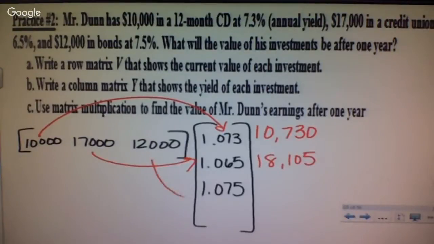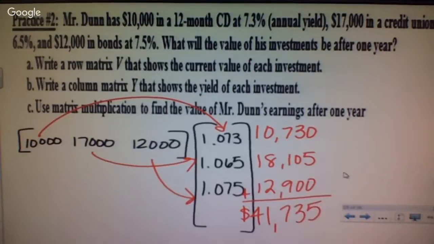And I need to multiply 12,000 by its yield. 12,900. Add them all up to get our grand total. $41,735 is how much he has at the end of the year.